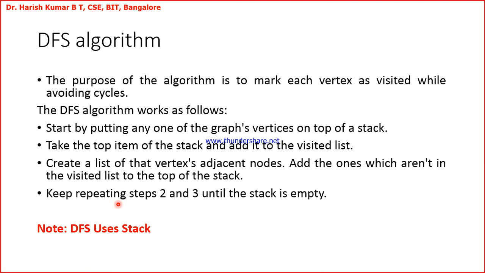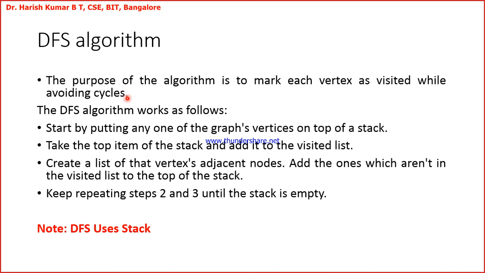Before we start with the examples, we'll try to understand the algorithm. It is a very simple algorithm if you understand. What is the purpose of traversing the graph using DFS or BFS? It is to mark each vertex as visited while avoiding cycles.